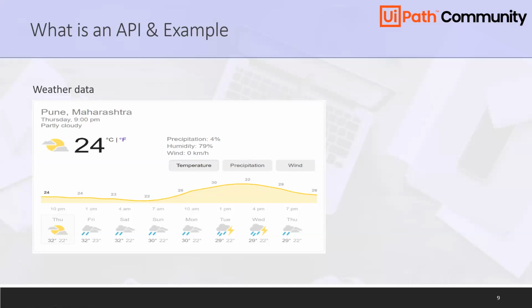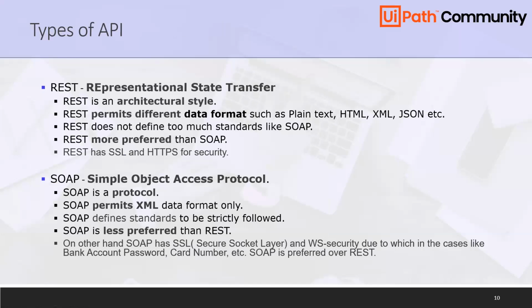So let's see the types of API. There are two types of API: REST and SOAP. You might have heard these terms. Let's see what they are. REST is Representational State Transfer and SOAP is Simple Object Access Protocol.